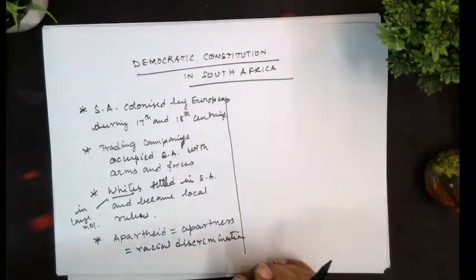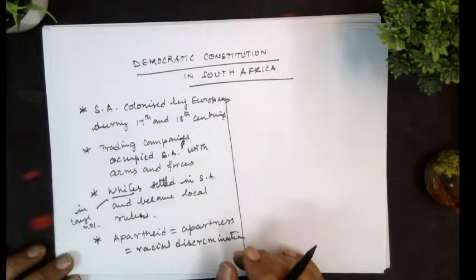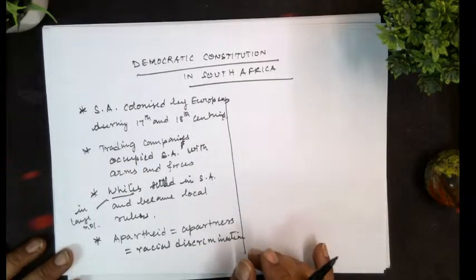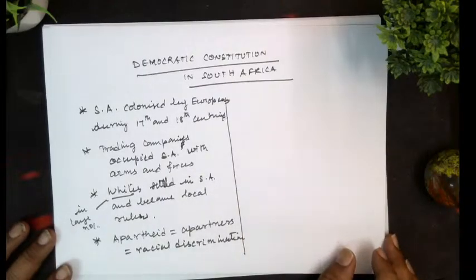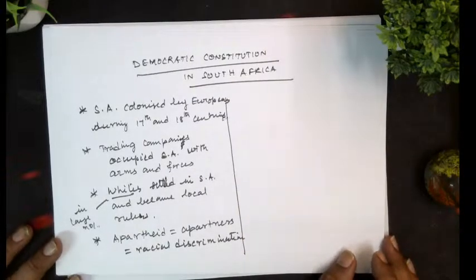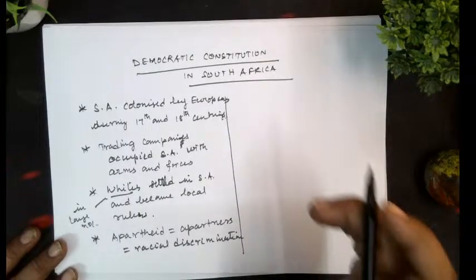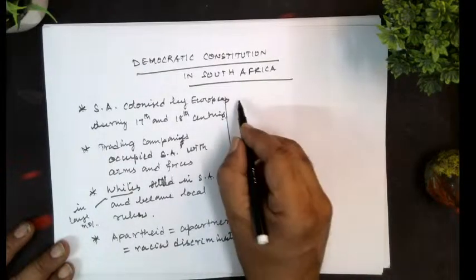Actually, it was a system which restricted social contacts between the races. They enforced the segregation of public facilities, separated the education standards, and created race-specific job categories.